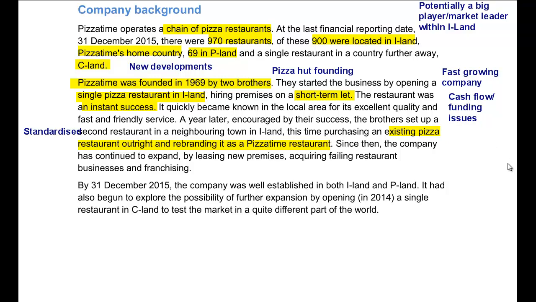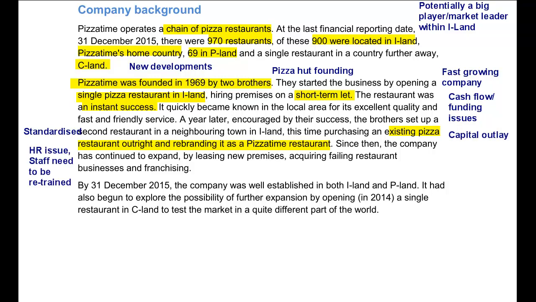So you may have a different culture to contend with in that restaurant than what you want in Pizzatime. The skills that they have may not be relevant to Pizzatime's operations, so they have to be retrained. So there's also a human resources issue here when relating to staff when purchasing a new restaurant.